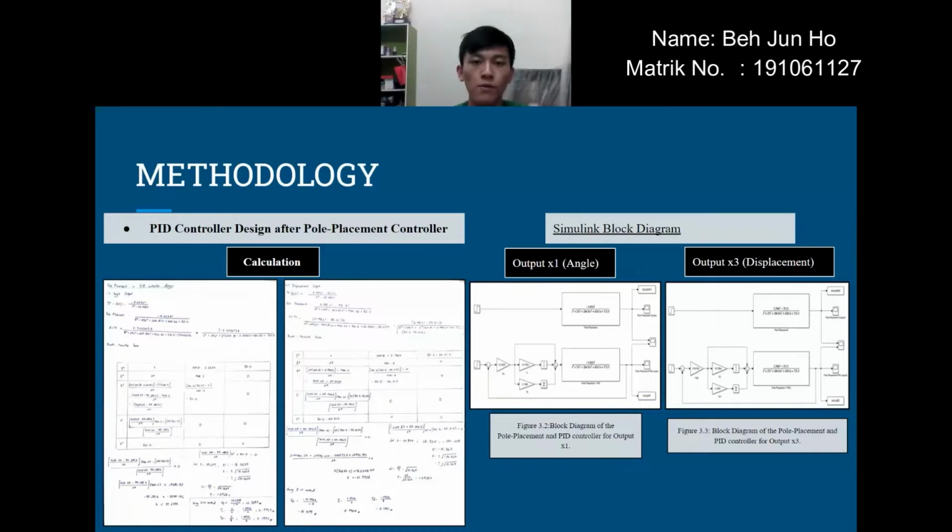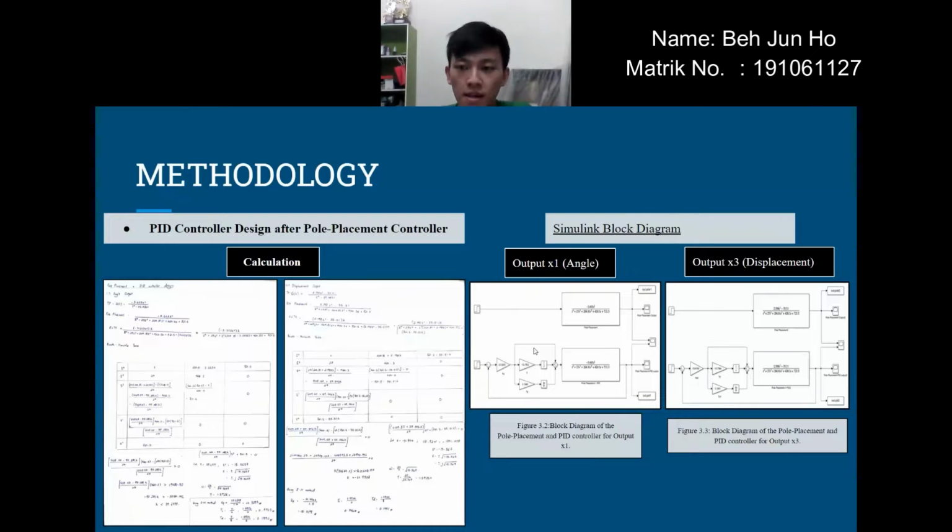So after we get the two PID controller equations, we will apply the PID controller onto the pole placement controller systems. So as we can see in the pictures, the first row is only the pole placement controller applied onto the system.